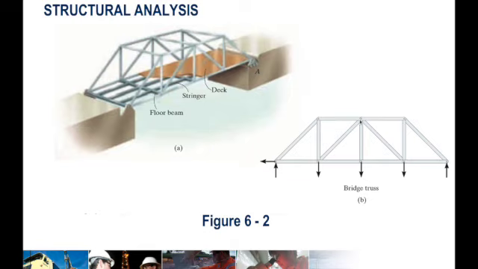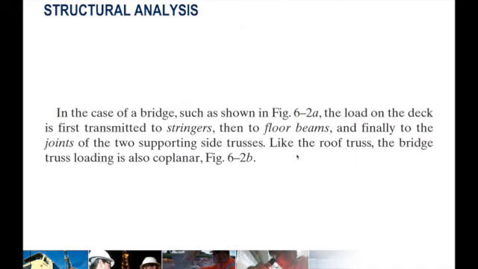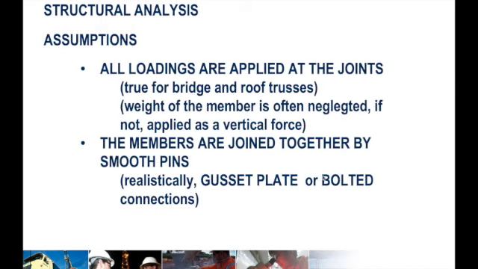Oh, sorry, I said it the other way around earlier. For this bridge, the side view looks like this. Again, the forces are applied at the joints of the truss. So this is the explanation for that bridge truss.